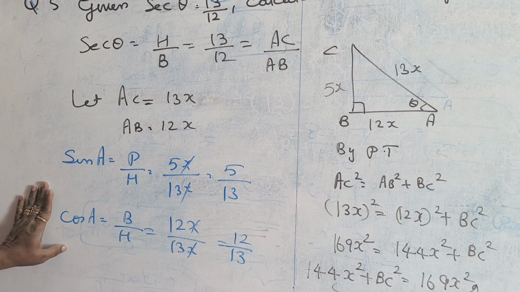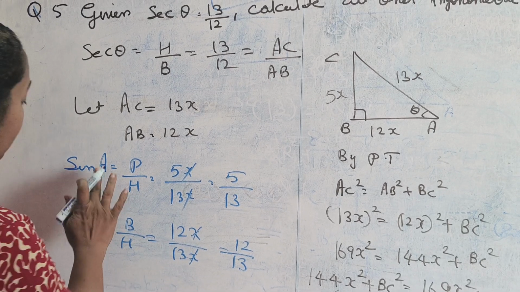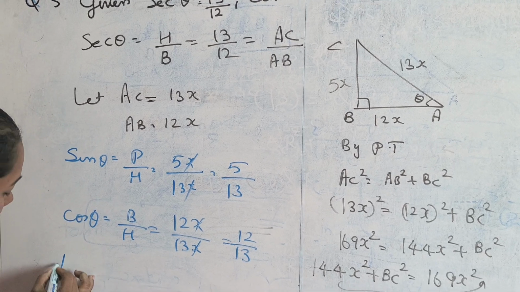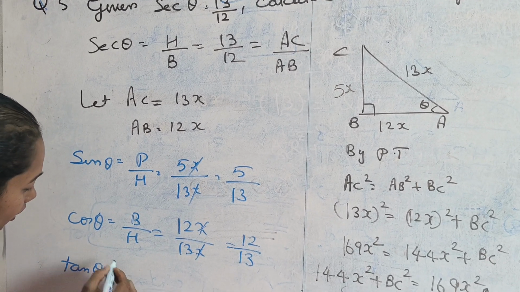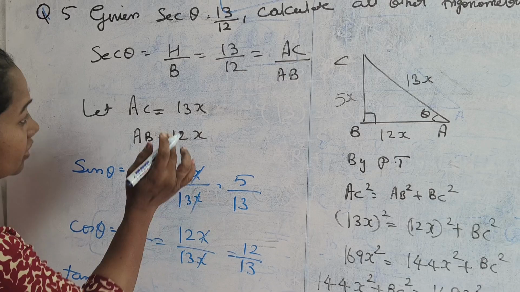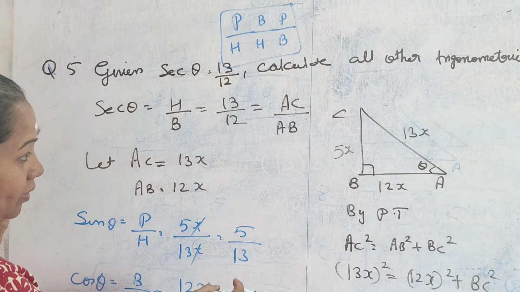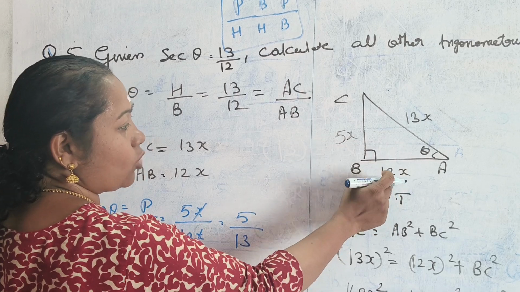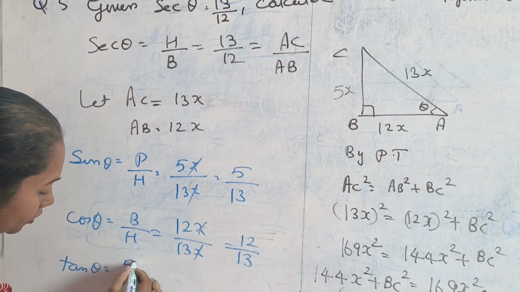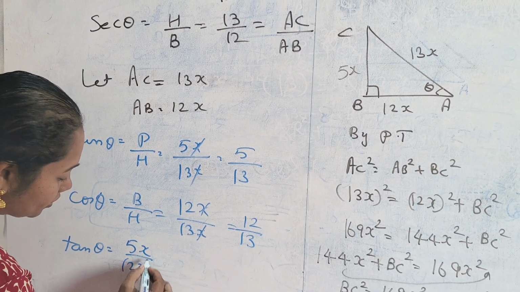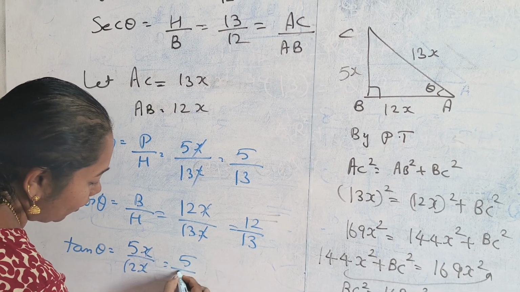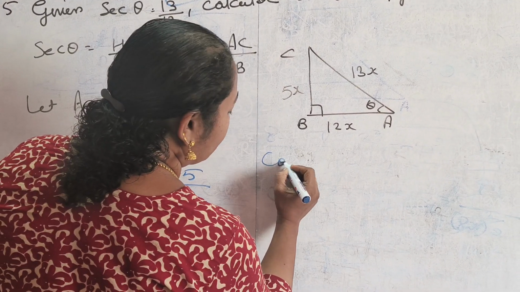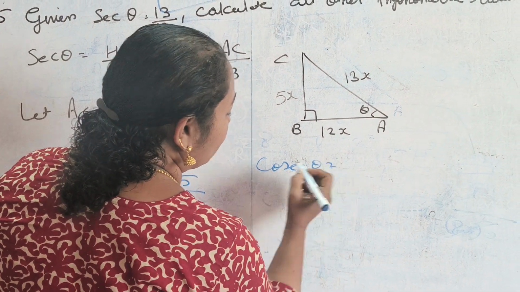Now what is tan A? Not A, it's theta. Now tan theta equals sine upon cos, that is P upon B. P means 5x and B means 12x. 5x upon 12x. Cancel out. The answer is 5 by 12. Now let us find out cosec theta.